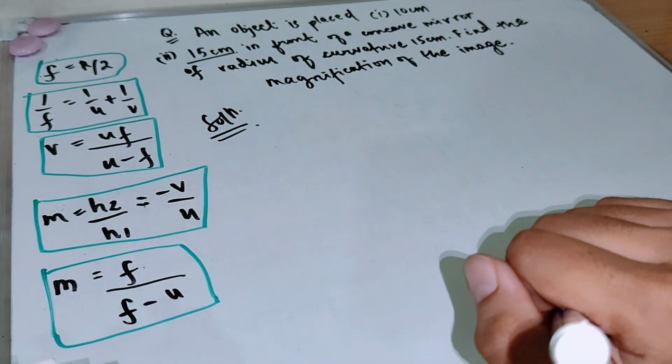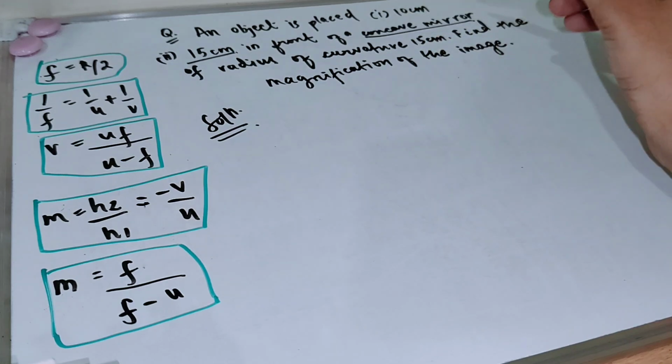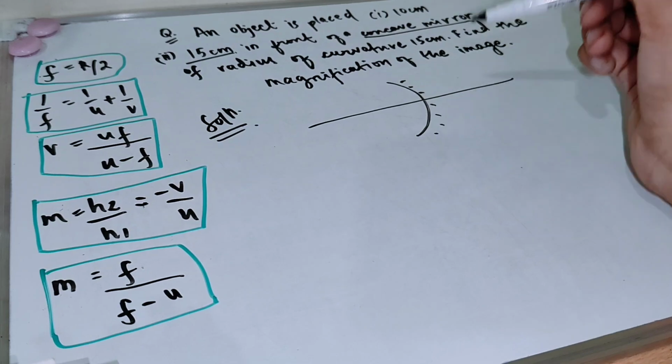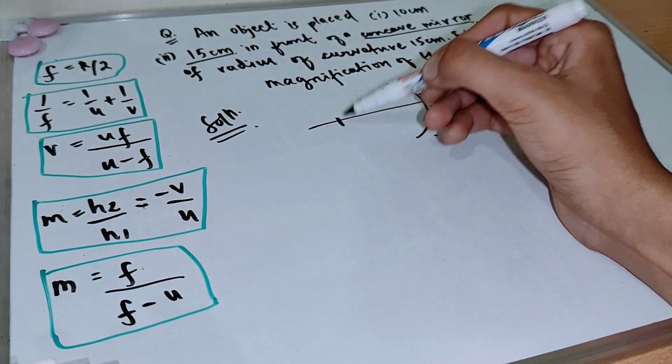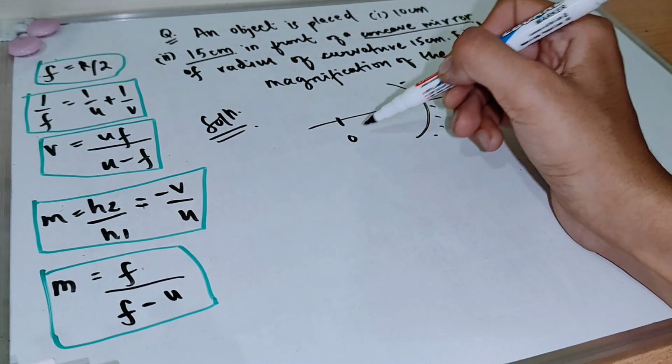Let us try to draw the diagram. Now it is said that it is a concave mirror. So here I will draw a concave mirror. Now it is given to me that an object is placed. I will take the object on the left hand side.